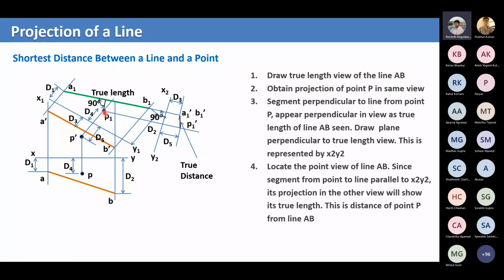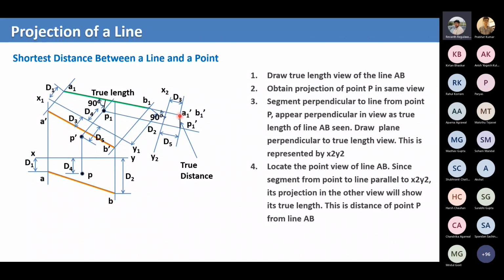Now see, this is a simple way. You can directly draw a perpendicular here and measure it. Or you can take another auxiliary plane x2 y2, and this auxiliary plane x2 y2 is perpendicular to this A1 B1. Now when you take projections of A1 B1 using this auxiliary plane, you get a point here, A1 dash B1 dash.